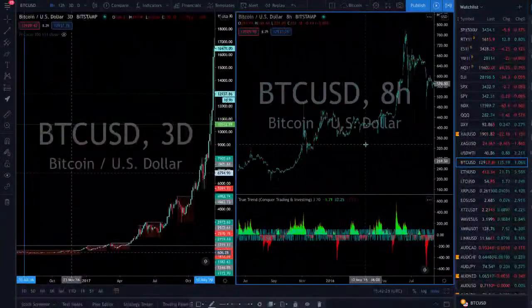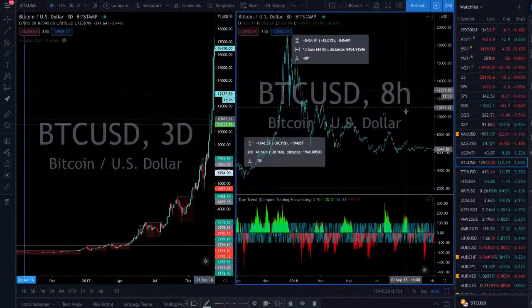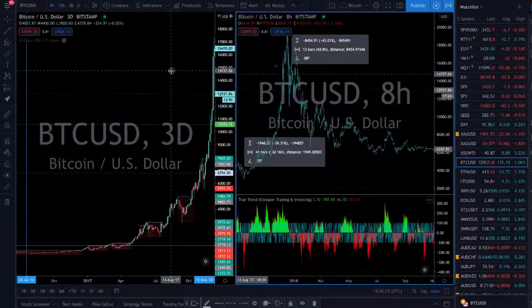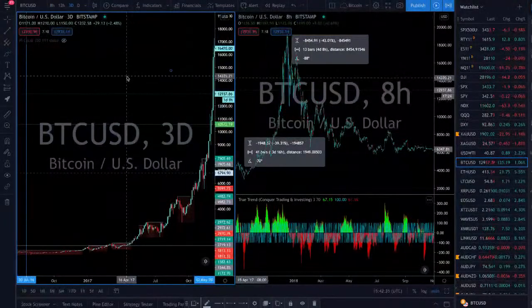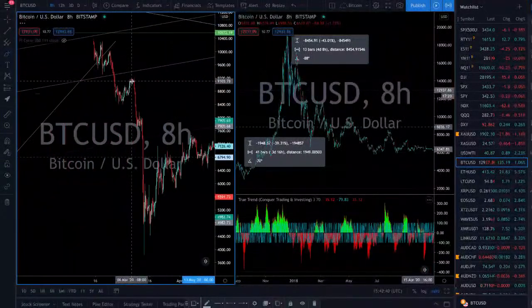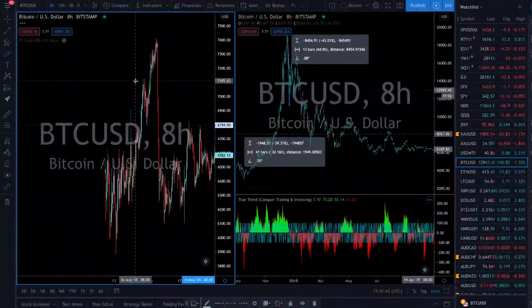I'm looking at two different charts, which is why. Sorry about that. Let me come down to this 8-hour over here. Let me pull back really quick, just over to 2017, and then we'll see it.